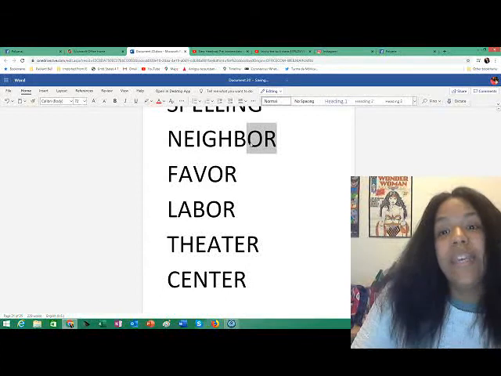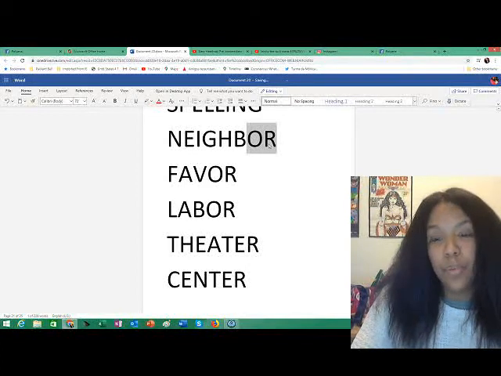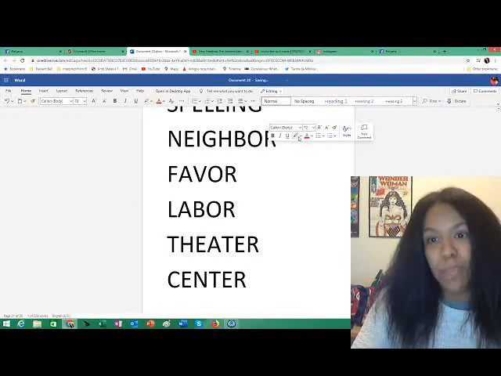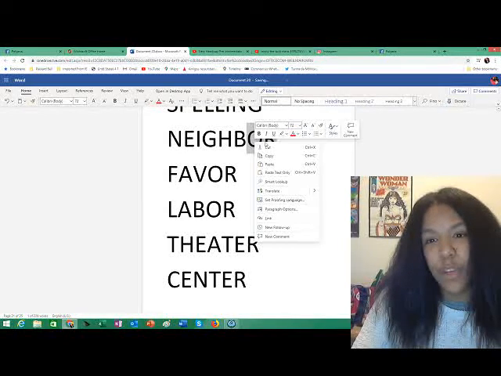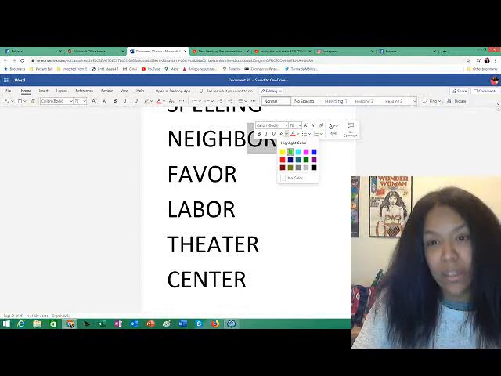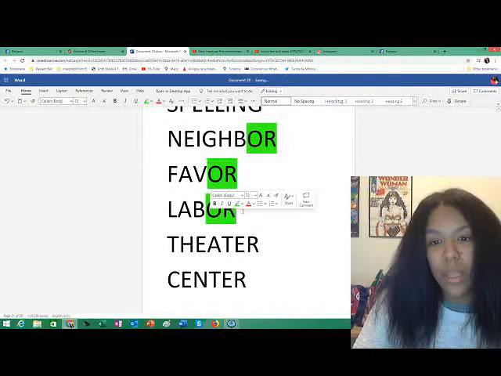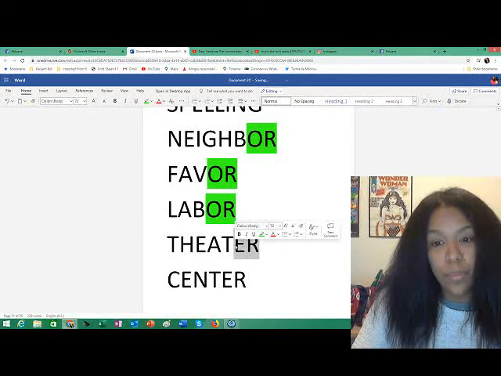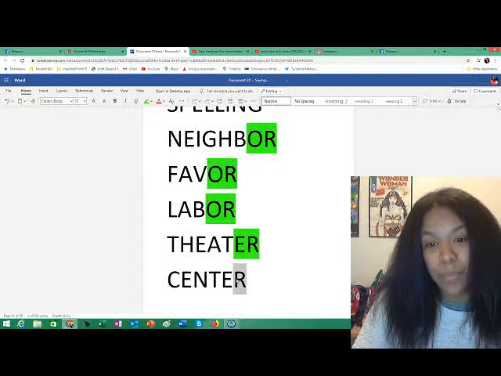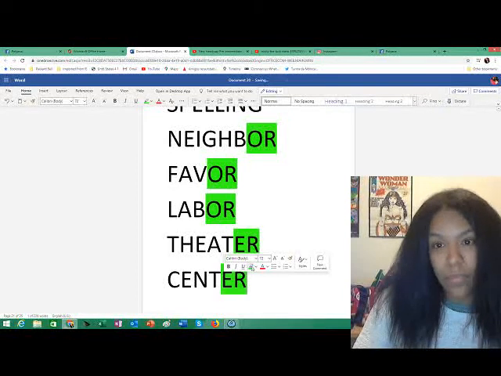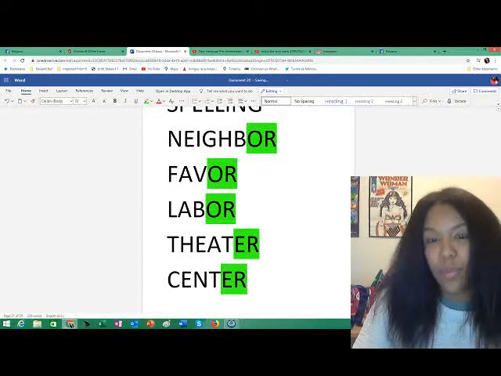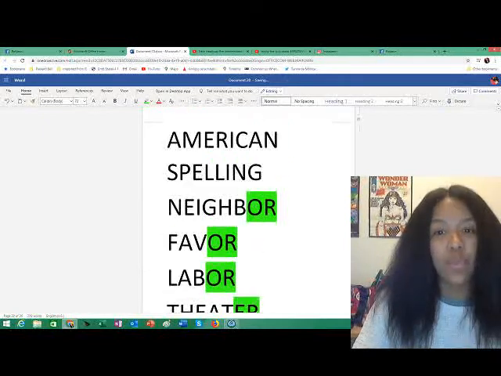So when you write academic papers, business letters, whenever you're doing something official in the English language, you have to keep a standard. So if you're going to use American English, then you have to keep the spelling compatible with that.